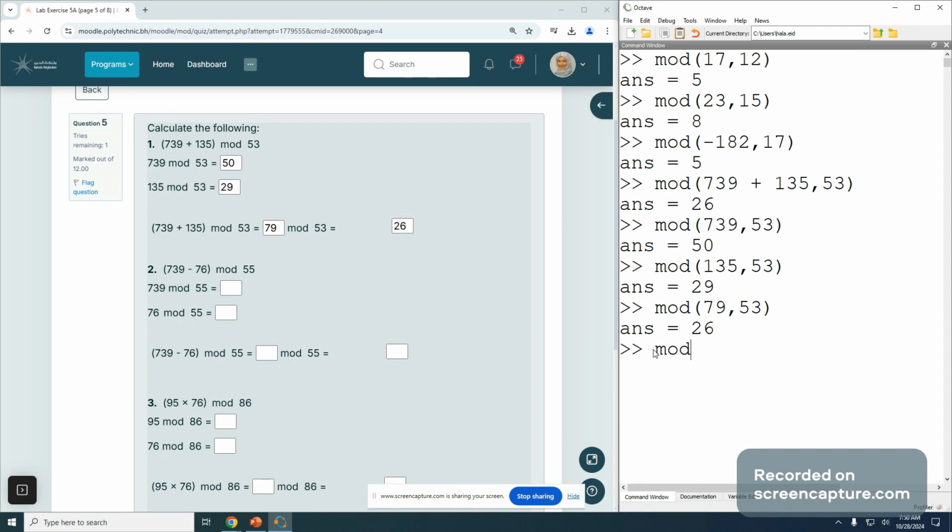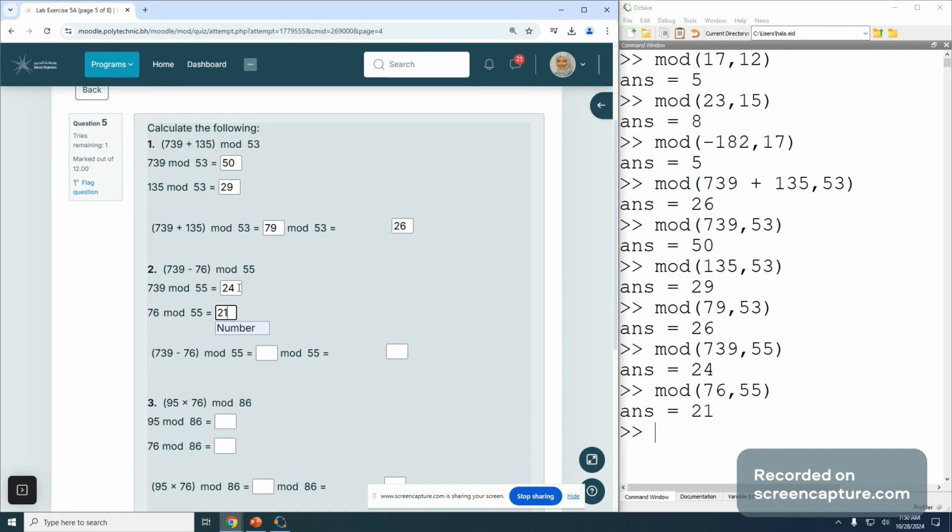You've got mod 739. Yeah, let's just go and do it. So this is 55. You get 24, and then you do the same thing for the other number, which is 1776. So 1776 mod 55, that is 21.